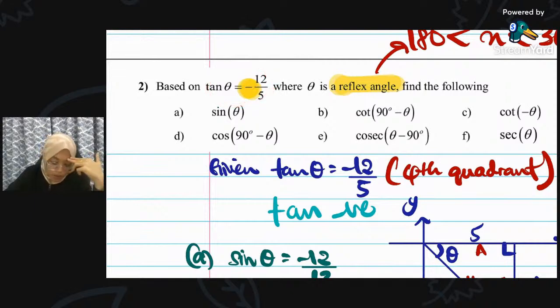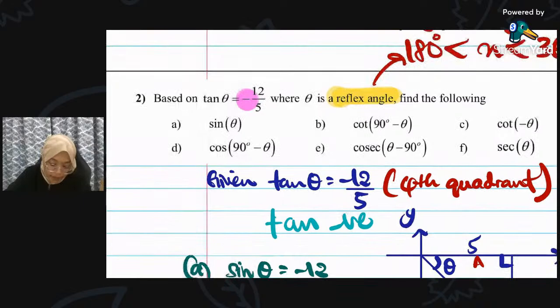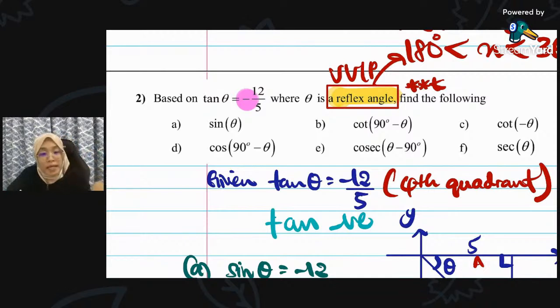I know you akan rasa macam terkejut lah bila you nampak negative values there. But please be aware that our most important info adalah ini. This is VVIP. This is our main informations, okay?